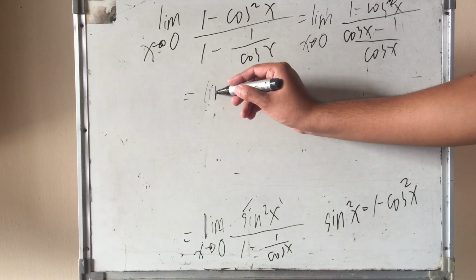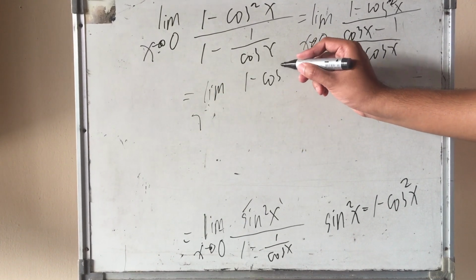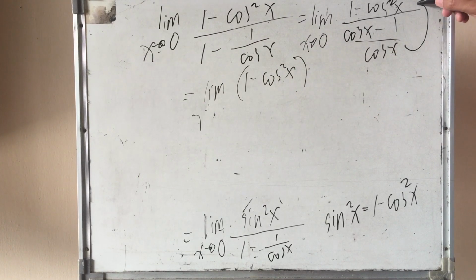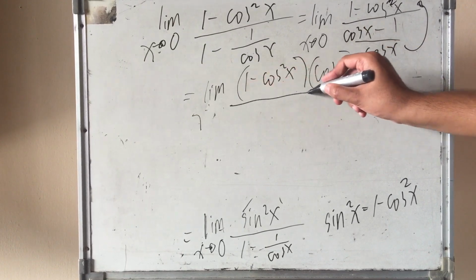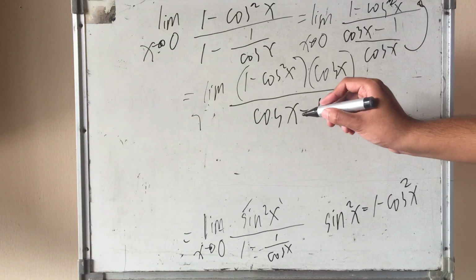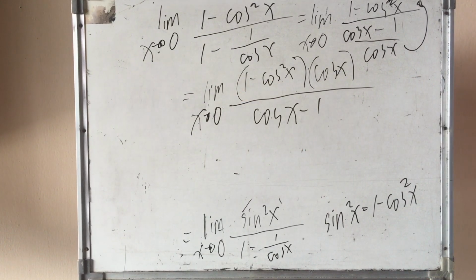Then simplify the equation, so this is equal to the limit of 1 minus cosine squared x times cosine x divided by cosine x minus 1 as x approaches 0.